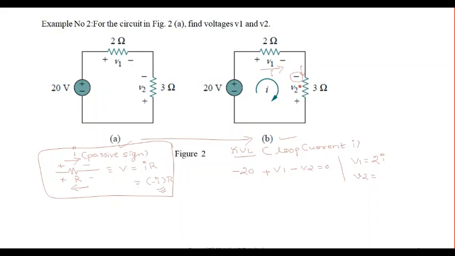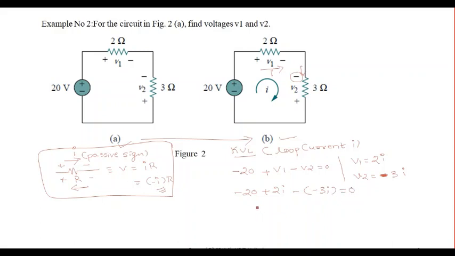So V2 will be negative of 3 times I. Utilizing these, I will get minus 20 plus 2I minus of minus 3I equal to 0.